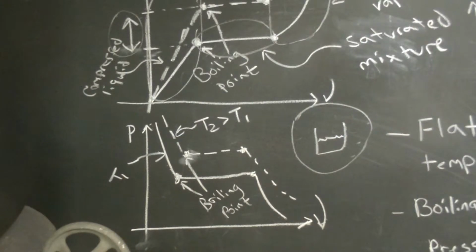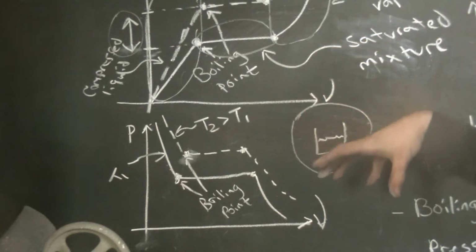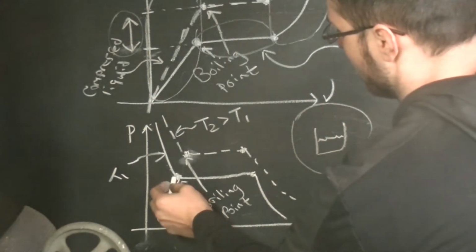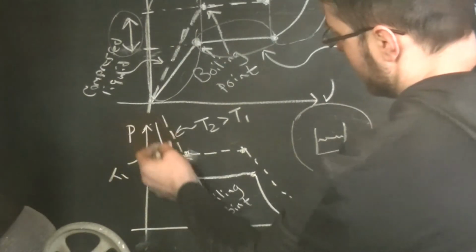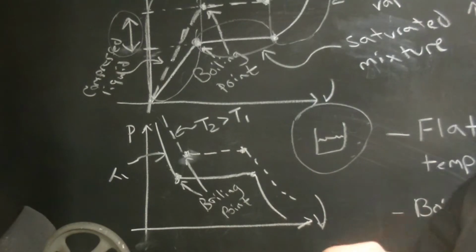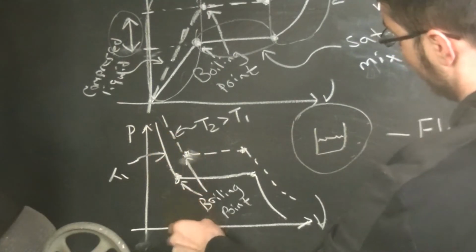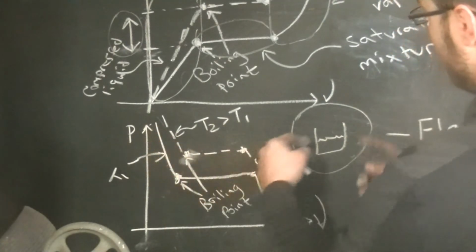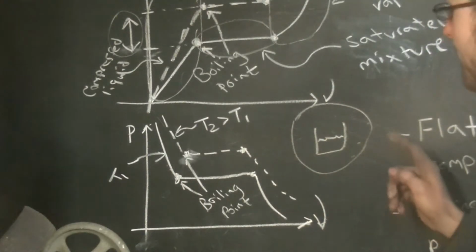If we have a very, very high pressure, this is still the compressed liquid section. We're forcing all the molecules together, and they just can't escape. They're just in a liquid state. That's this section here. Let's say we keep decreasing the pressure in this little vessel.